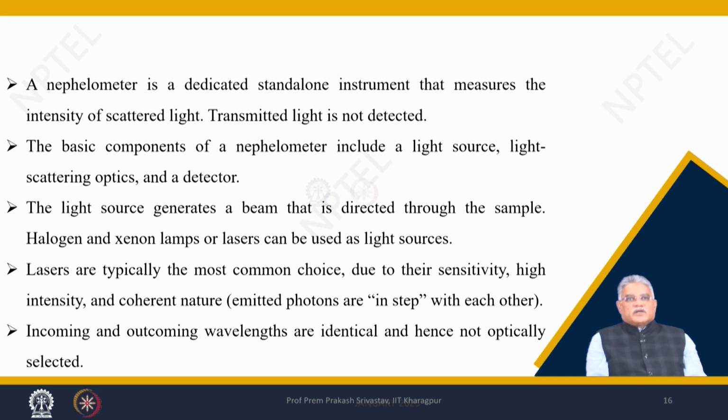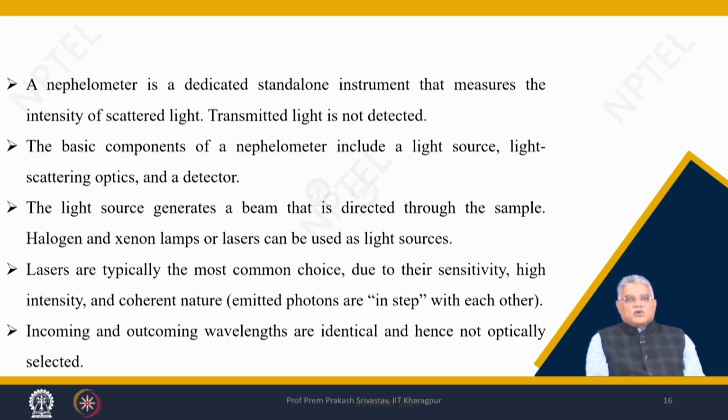A nephelometer is a dedicated standalone instrument that measures the intensity of scattered light. Transmitted light is not detected. The basic components of a nephelometer include a light source, light scattering optics and a detector. The light source generates a beam that is directed through the sample.